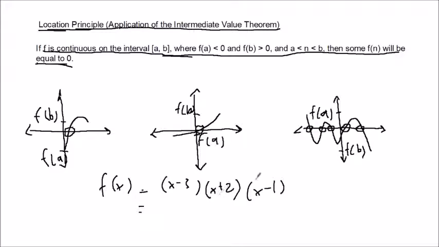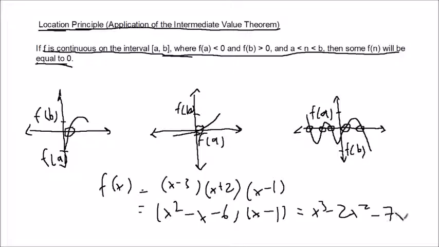That will be x squared minus x minus 6, and then multiply that by x minus 1 will give you x cubed minus x squared minus x squared minus 2x squared... minus 7x plus 6. So that's going to be your equation.